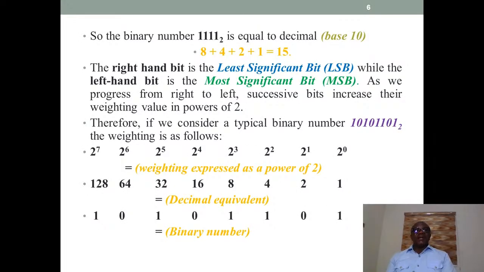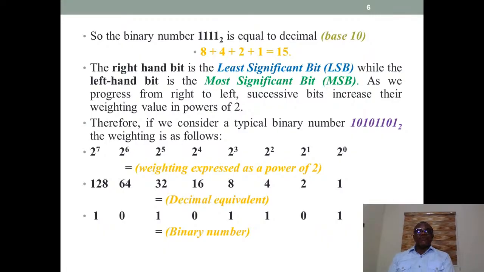So the right-hand bit is always referred to as the least significant bit, LSB, while the left-hand bit is the most significant bit. As we progress from right to left, successive bits increase their weighting value in powers of 2.